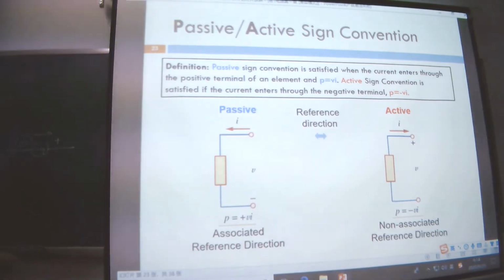The current goes inside from the negative side. Another type of element is the voltage source. This one is also an active element. So for active elements, we already know the real direction of the voltage, right? The positive sign is here. So now we can assume the reference direction of current. It should go inside from the negative side, so it's like this.